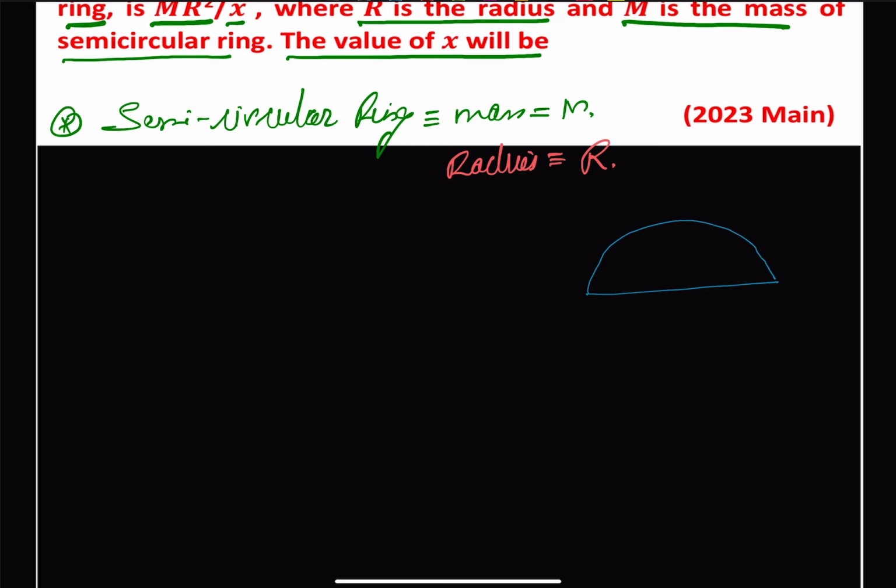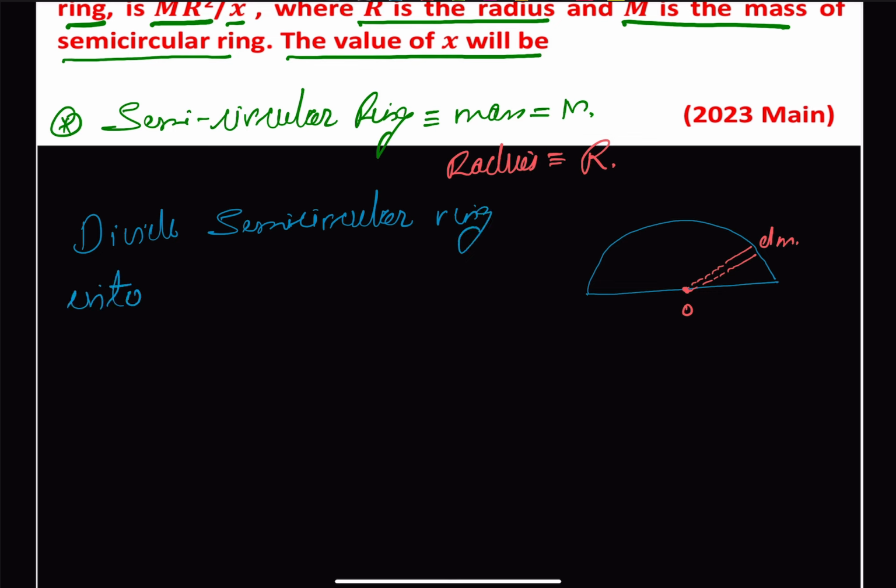and suppose this is the center, which is O, and let us divide the semicircular ring into small element of mass dm.